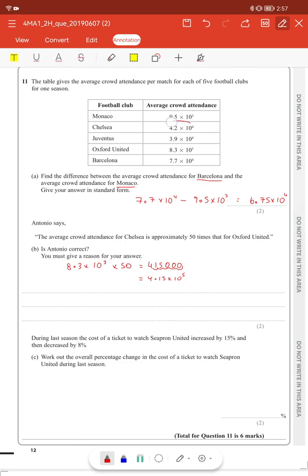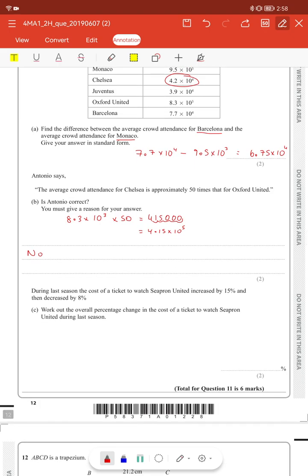And Chelsea is 4.2 times 10 to the power of 4. So no, he is not correct, because it would actually be far greater. It would nearly be 10 times the amount of Chelsea.